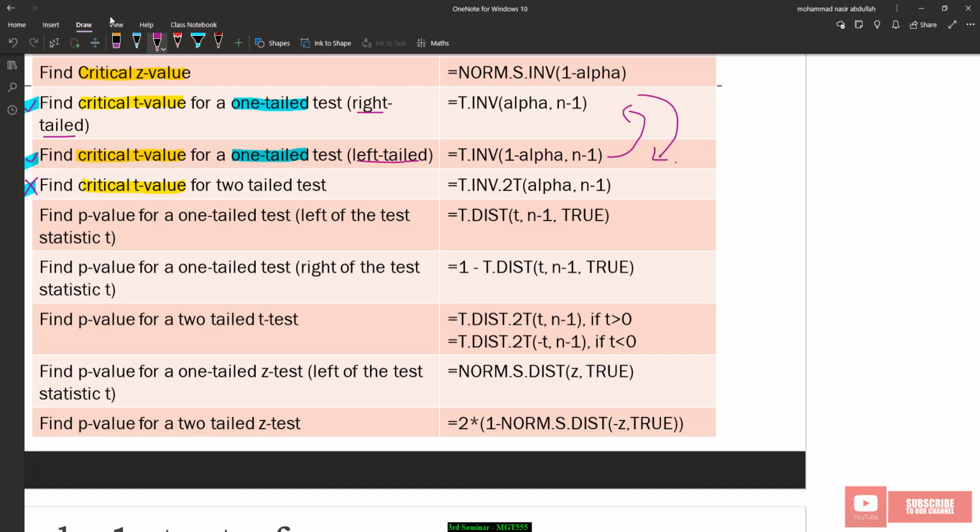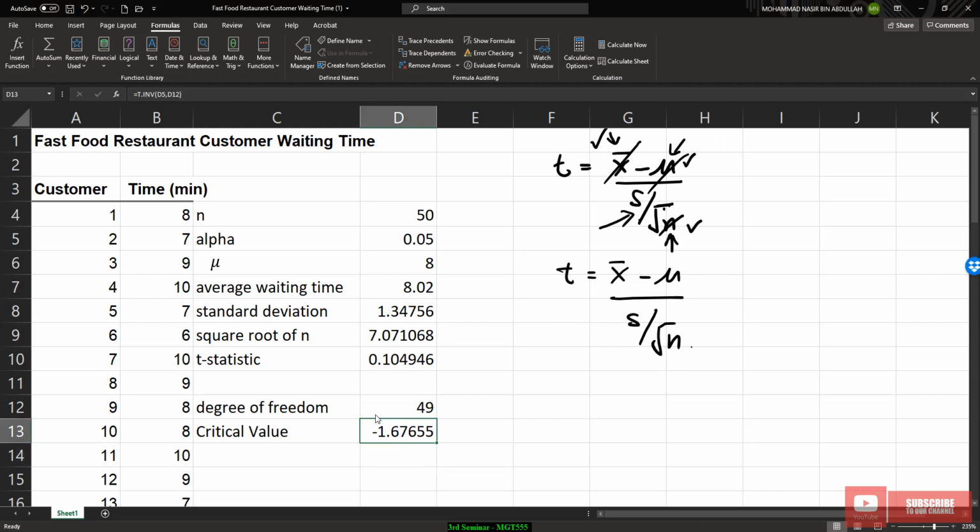Maksudnya for a right tail, it should be T.INV(1 minus alpha, n minus 1). For left tail, it should be T.INV(alpha, n minus 1). This is correct lah. Kita tengok dekat sini, dia dapat negative, which is not really correct. So we need to letak kat atas alpha tu 1 minus, right? Then baru kita akan dapat 1.676.